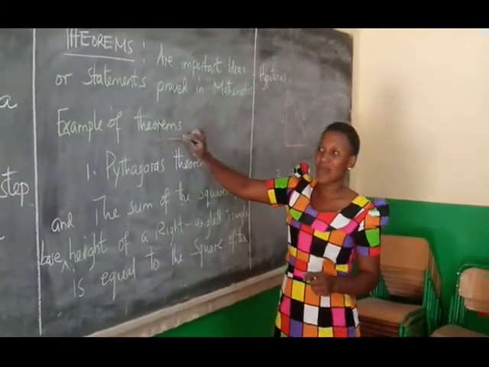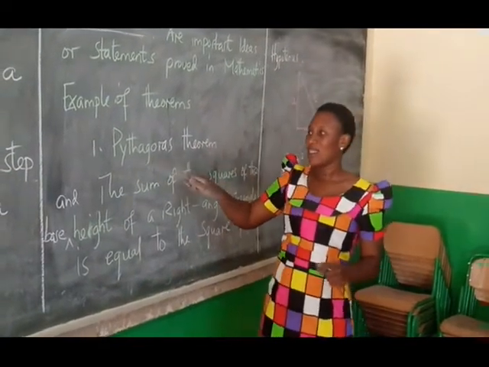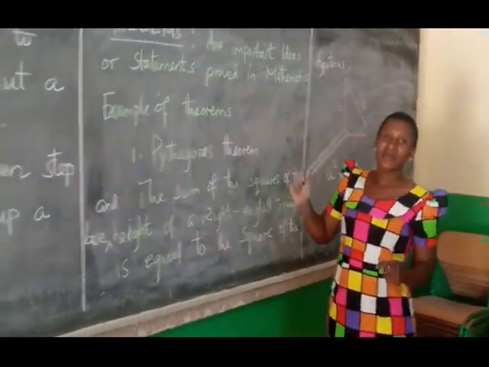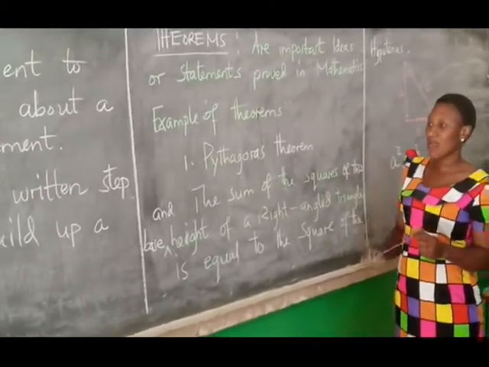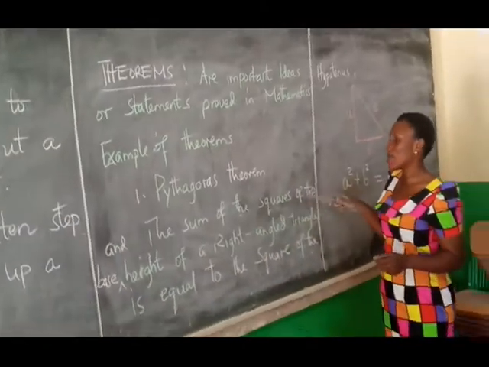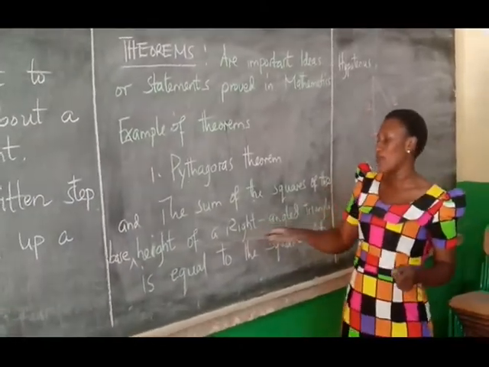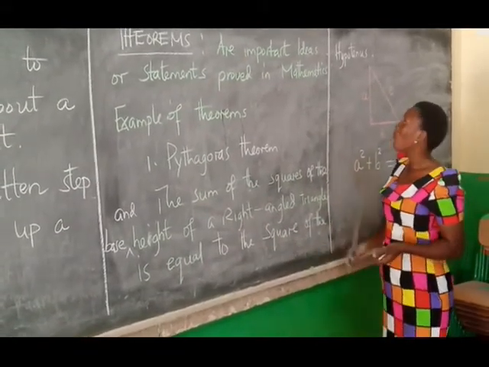Examples of theorems: the first is the Pythagoras theorem. It refers to a squared plus b squared equals c squared. The sum of the squares of the base and the height of a right angled triangle is equal to the square of the hypotenuse.